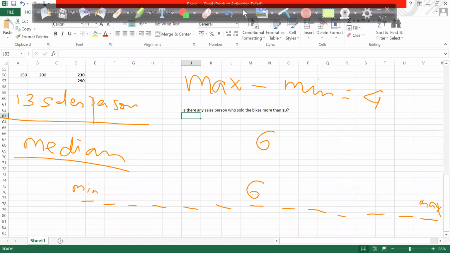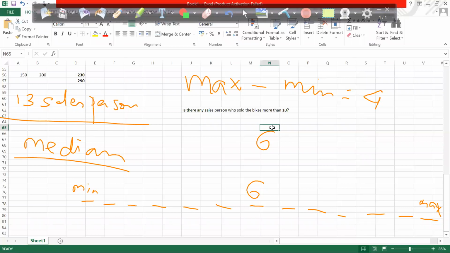Now what do you think? Is there any chance? Muzammil is saying that no, so I need the reason as well. Will you be able to find it?